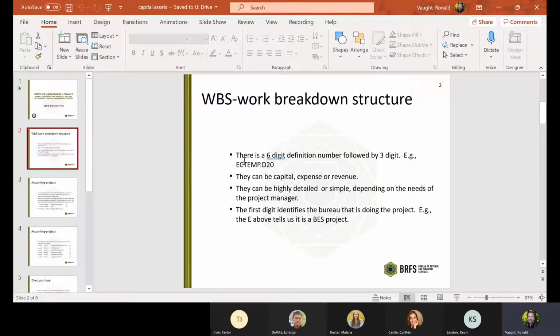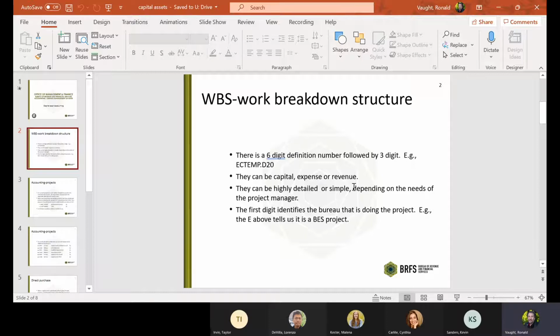So you could have one for the architectural phase and one for the engineering phase and one for the contractor, one for the HVAC system, and on and on.